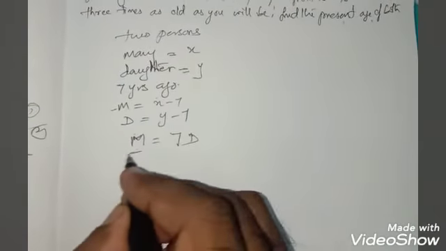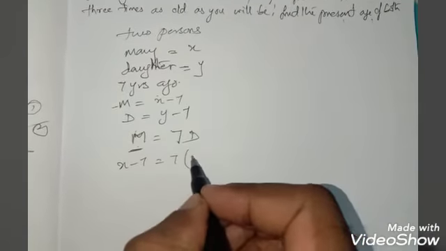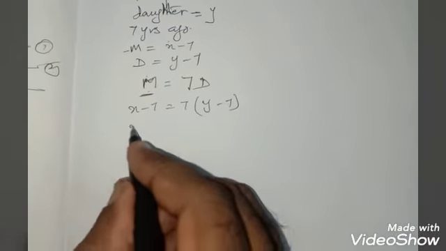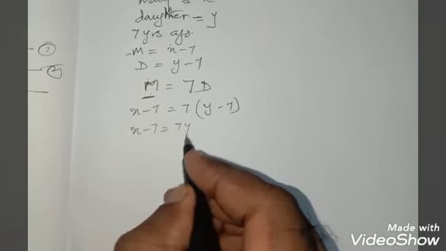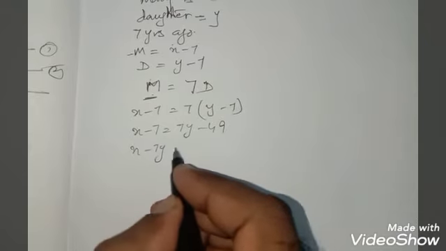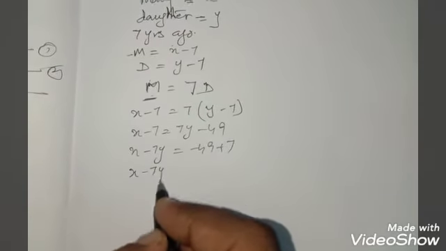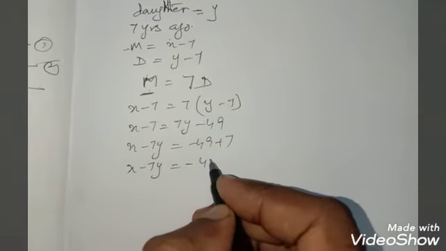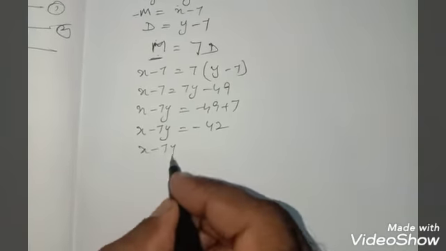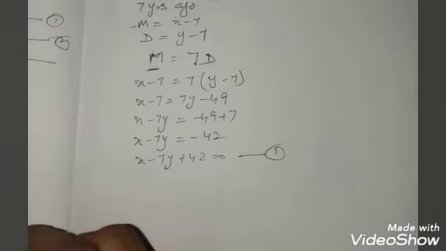Mary's age is x minus 7, and 7 into the daughter's age is y minus 7. Now multiply the 7 inside, you will get x minus 7 is equal to 7y minus 49. Send this value here: x minus 7y is equal to minus 49 plus 7. So x minus 7y is equal to minus 42. Now send this 42 here: x minus 7y plus 42 is equal to 0. So this is your first equation, right?